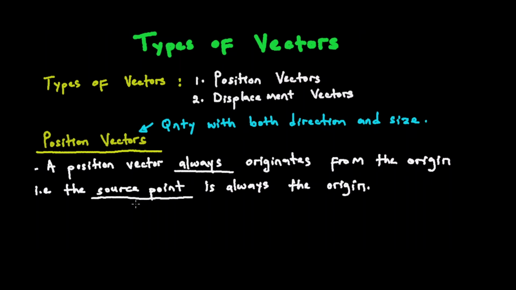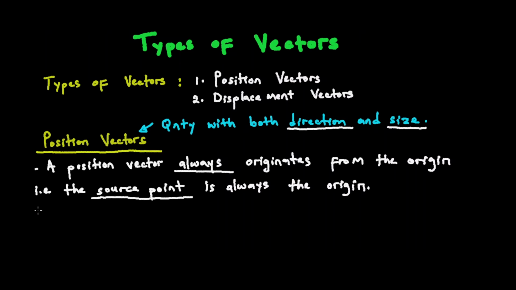Then we explain this to mean the source point is always the origin. You should find a sense of direction, then also a sense of size. So we are going to start with exposing the direction side of a vector. Then teachers will teach about the magnitude or size of the vector, maybe 2 lessons from now. So this is the definition we have.